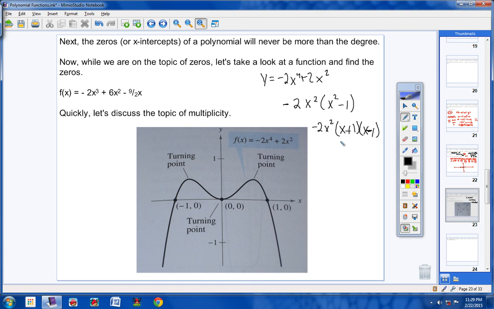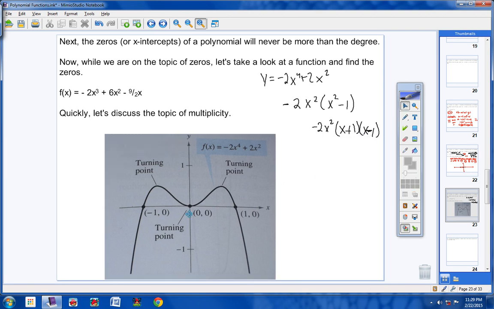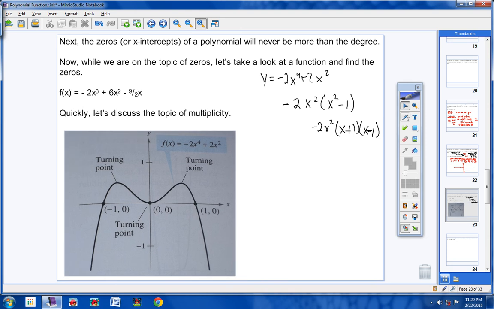So, are all of my factors here linear? No, they are not. Look at my 2x squared. That's a power of 2. So I'm going to put negative 2, x plus 1, x minus 1. Now, are all of my factors linear? Yes. Power of 1, power of 1, power of 1, power of 1.